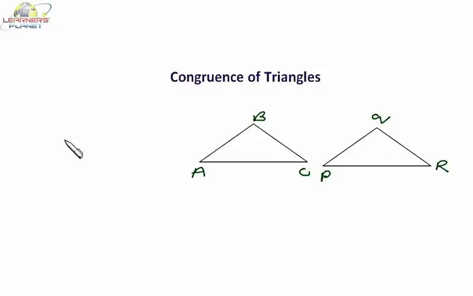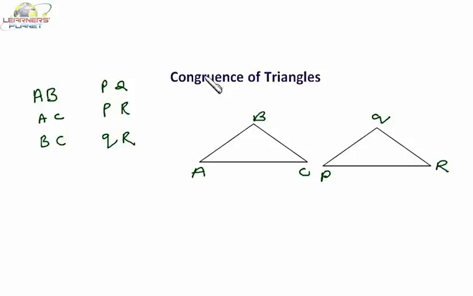Let me write it over here. Suppose here I have line segments AB, AC and BC, and here it's PQ, PR and QR. So if the three line segments of this triangle are identical to the three line segments of this triangle, then these two triangles will be congruent to each other.